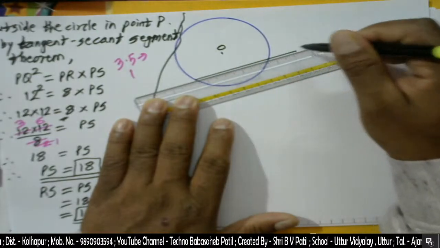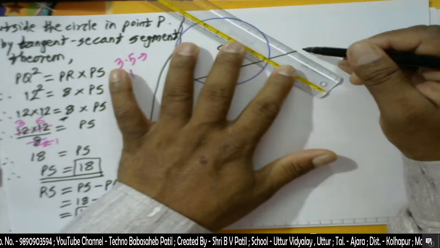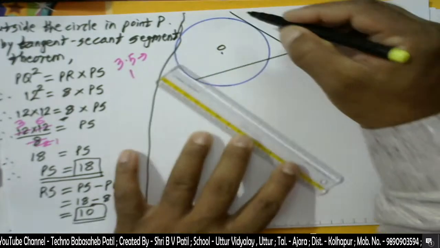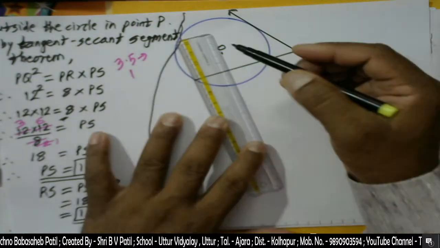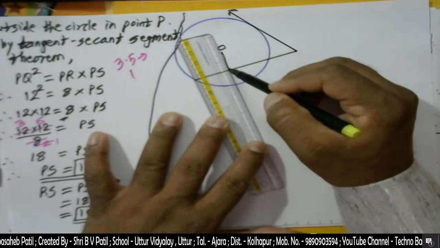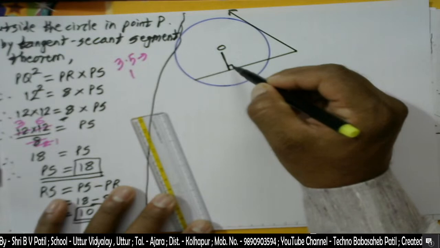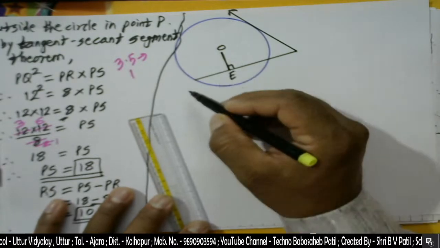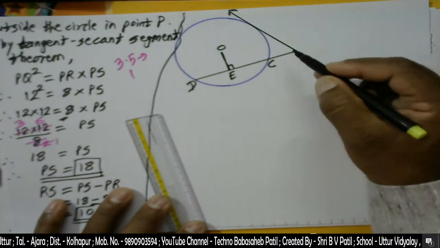Here a secant and tangent intersect outside the circle. This OE is perpendicular to the DC secant.